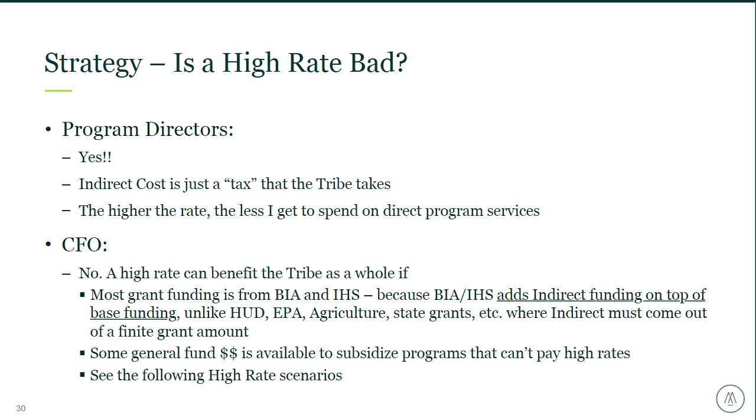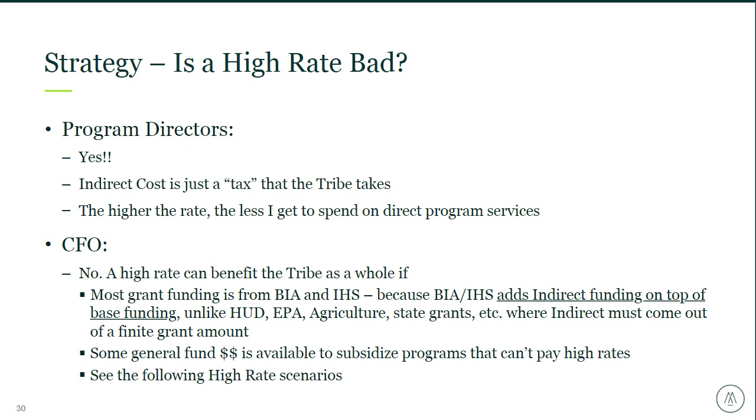However, a CFO or finance folks will typically say, no, a high rate is not necessarily a bad thing. If most of your grant funding, or a large chunk of your grant funding, is coming from BIA and IHS funding, which fall under your 638 grants and contracts, because that indirect cost funding is that add-on funding.